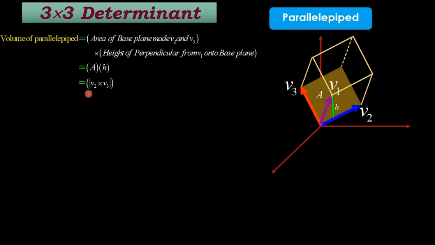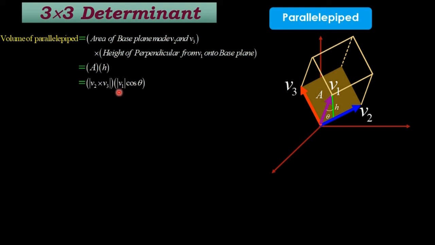The area of the base is the norm of V2 cross V3, and H is the height drawn from V1 onto the plane of V2 and V3. So if the angle between V1 and the perpendicular is theta, then its value is norm of V1 into cos theta.